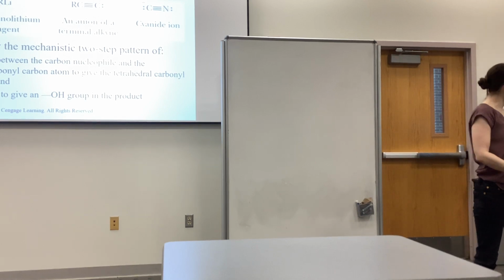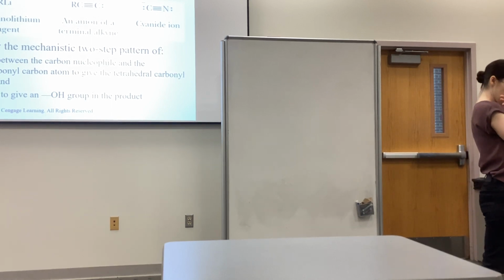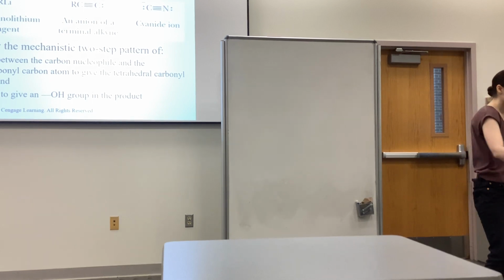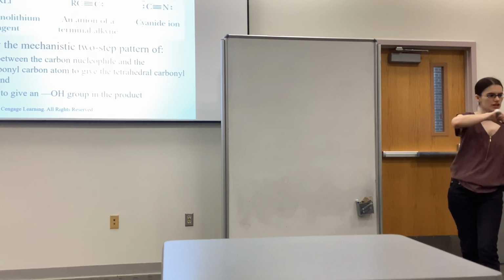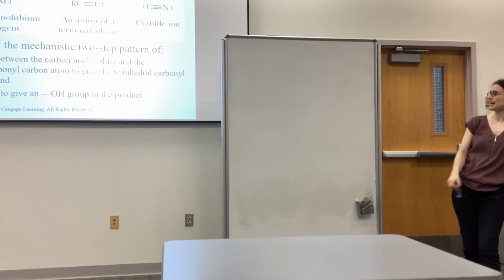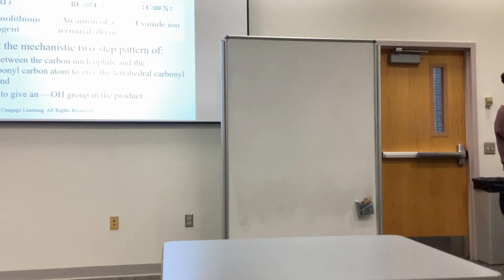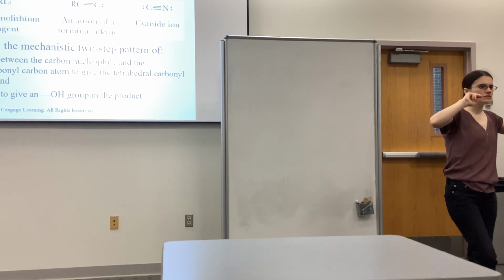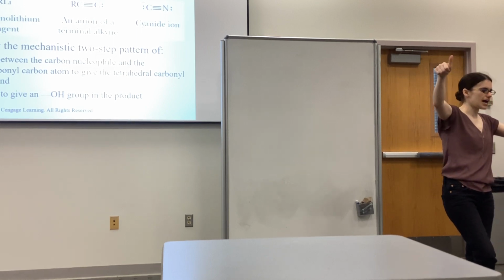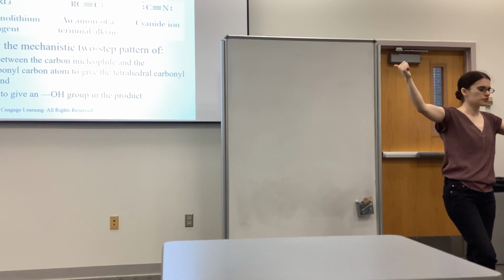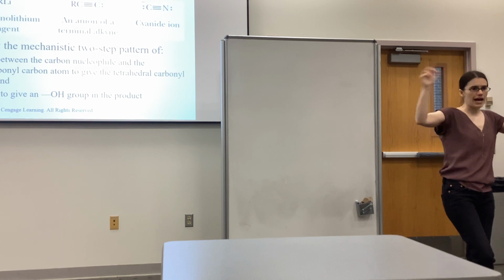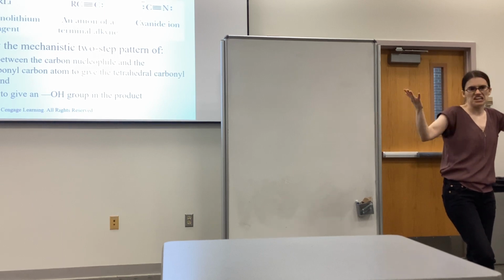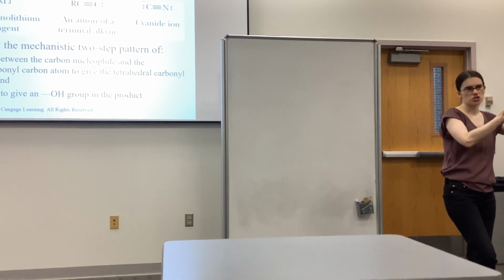With all of these carbon nucleophiles, these are strong enough nucleophiles that we're not going to have to protonate. So they're going to follow this two-step pattern: nucleophilic attack, making the bond between the carbon nucleophile and the electrophilic carbonyl compound, and then adding a proton so that you're not just stuck as an ion, you actually turn that into an alcohol.